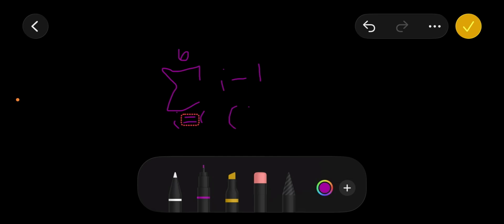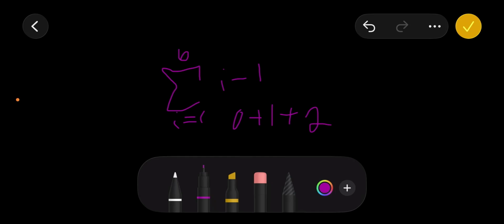Remember, we have to substitute i for 1. 1 minus 1 is 0. So 0 plus, now let's put i for 2. 2 minus 1, which equals 1. So 0 plus 1. And then let's put 3 for it. 3 minus 1, which equals 2. So 0 plus 1 plus 2.